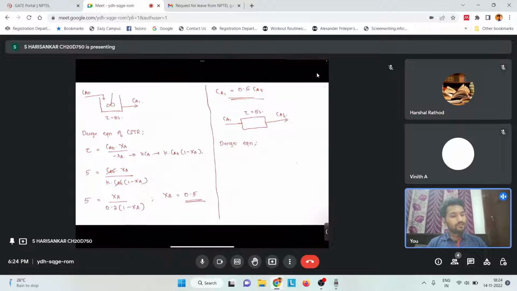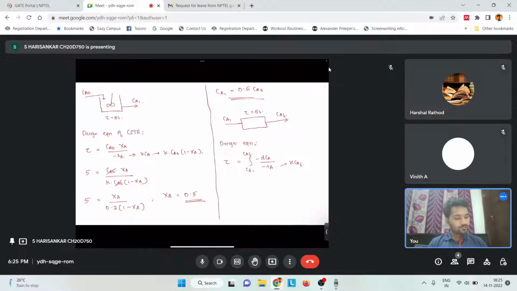So the design equation for this PFR will be tau is equal to integral of CA1 to CAF, minus dCA by minus RA, and this minus RA will be KCAF. Right? So we can integrate this equation, and we can also substitute tau as 5 seconds.